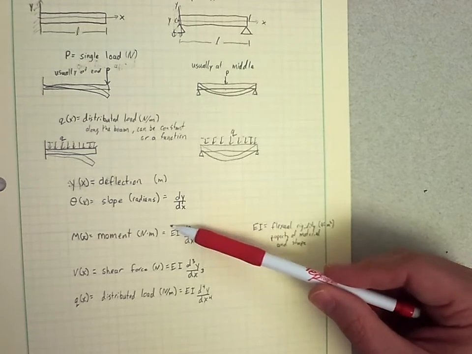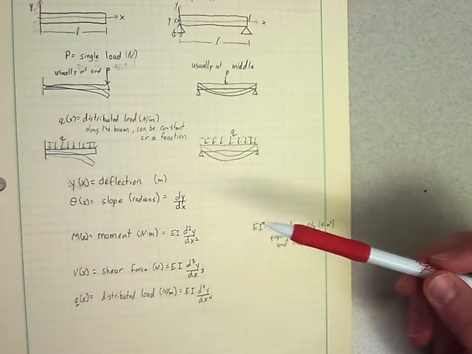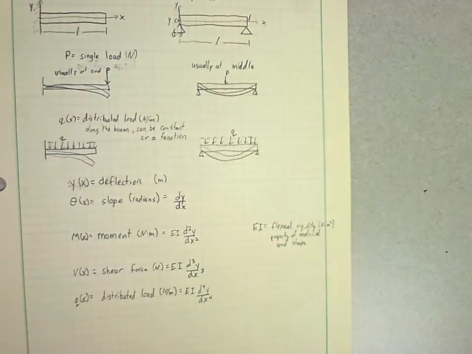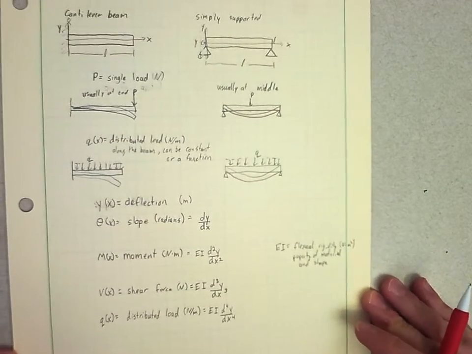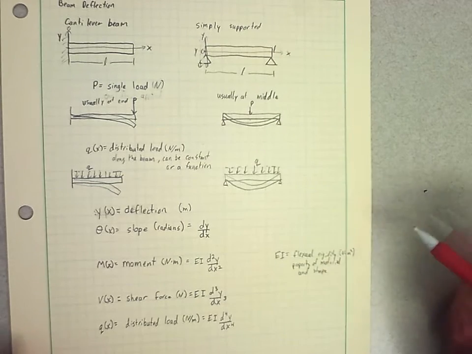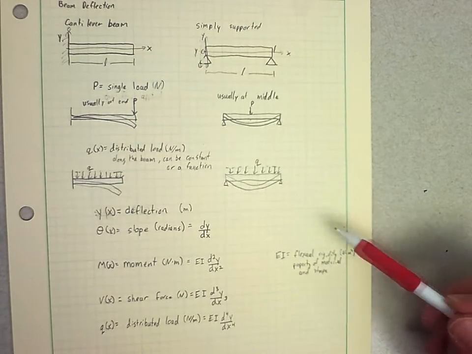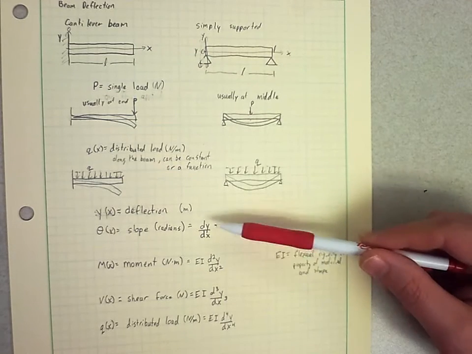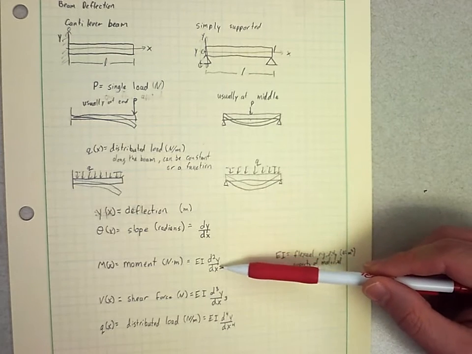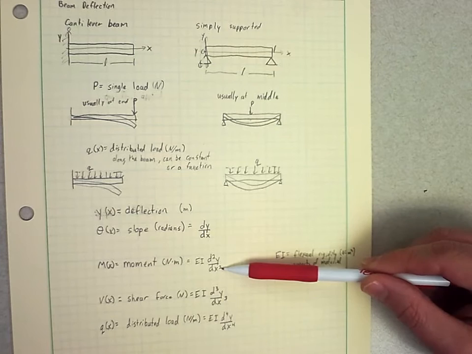So EI is going to be constant for whatever our beam is, and it depends on the shape of the beam and the properties of the metal or whatever our beam is made out of. EI has units of newtons times meters squared. While our derivative, if we took it again, we had meters per meter, and we take the derivative again, so it would be per meters.